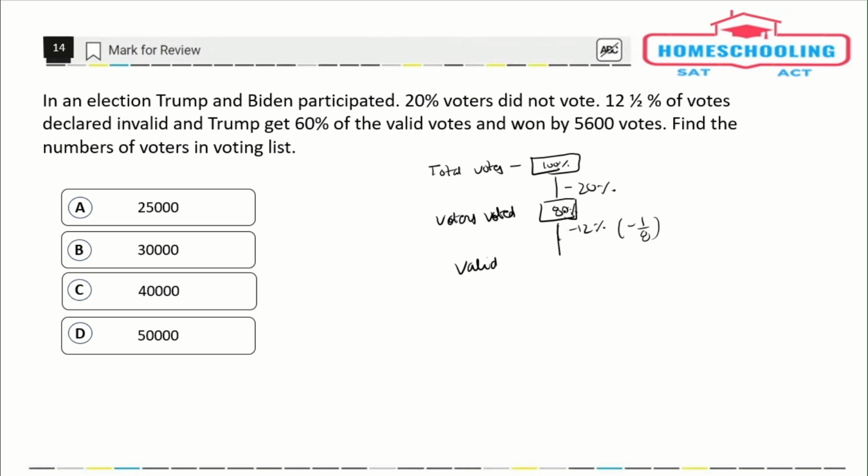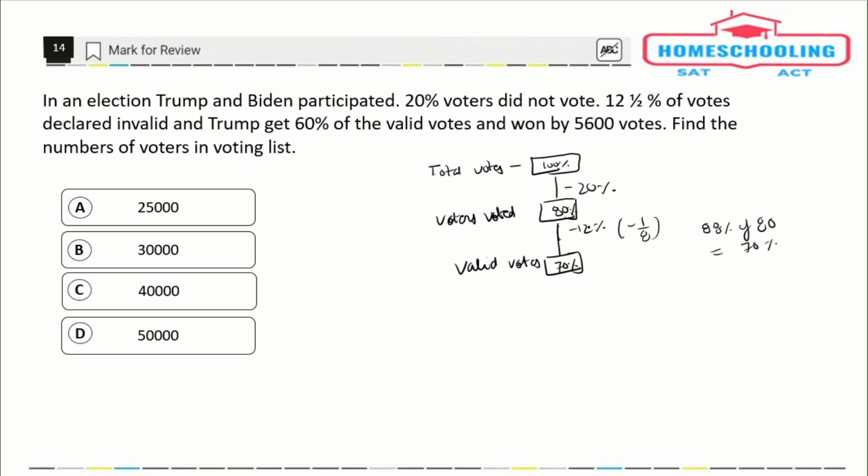So if we reduce 1 by 8 from 80% valid votes, that would be how much? 70%. Or you can also find it by reducing 12.5%, that would be 87.5% of 80.